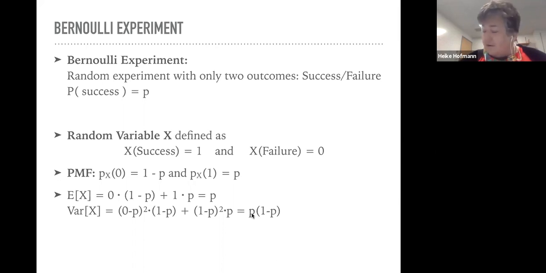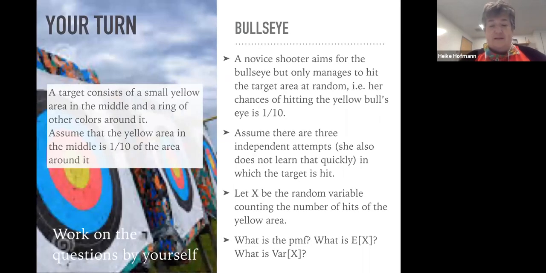So let's have a look at an example. And I would highly suggest to you that you use discrete RV in your approach to this. So we have a random experiment. It's a Bernoulli experiment.